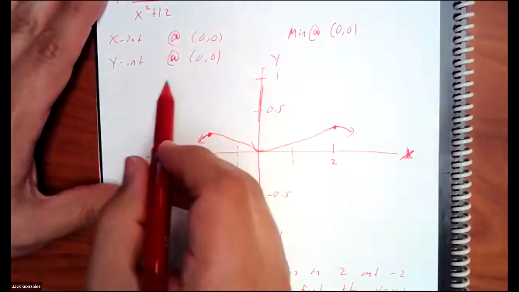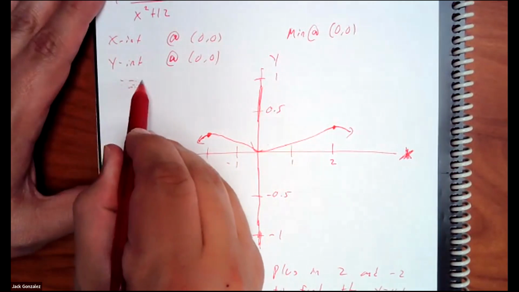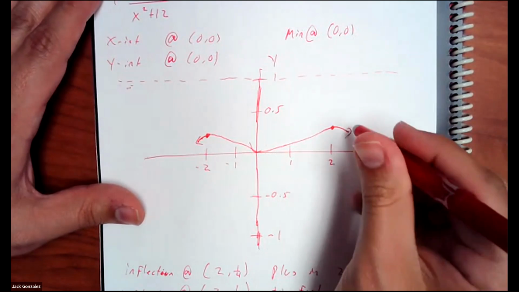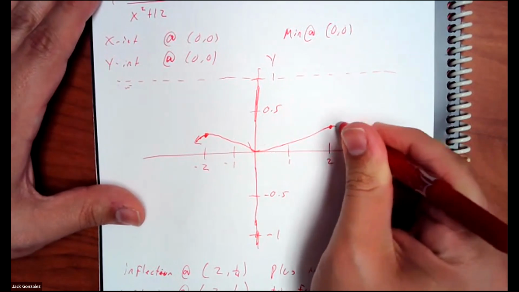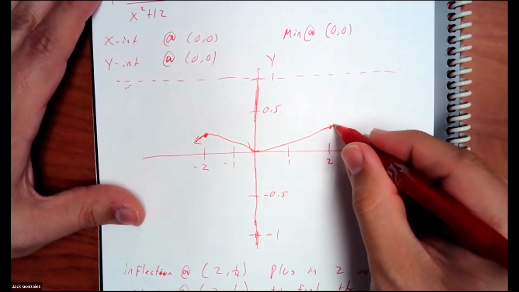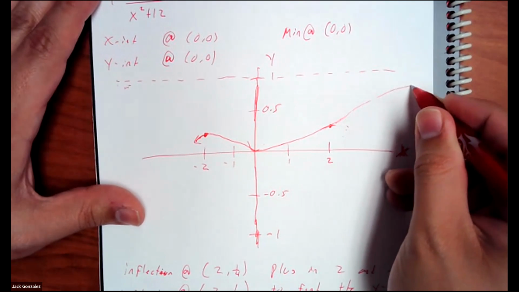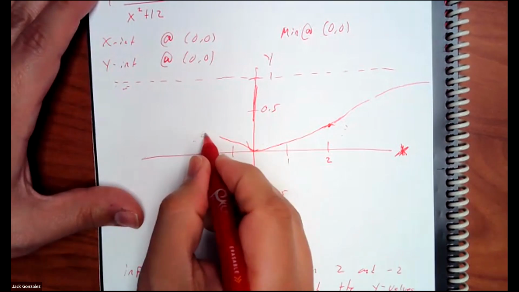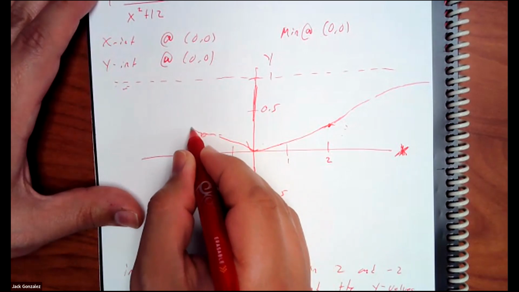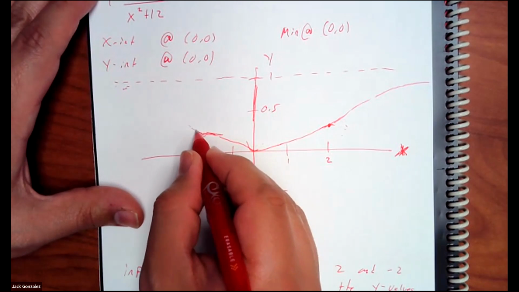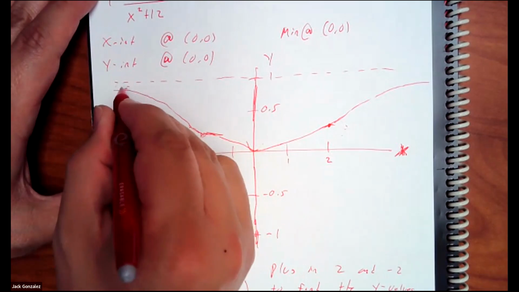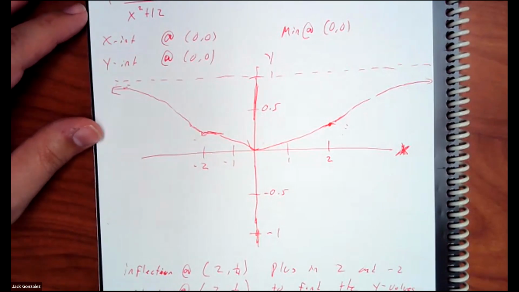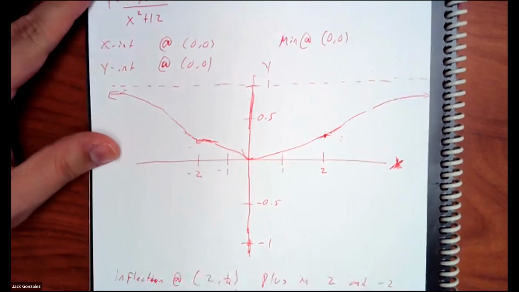So up here, the function is technically approaching the asymptote. That's more accurate. Once you put the asymptote in, it makes more sense.